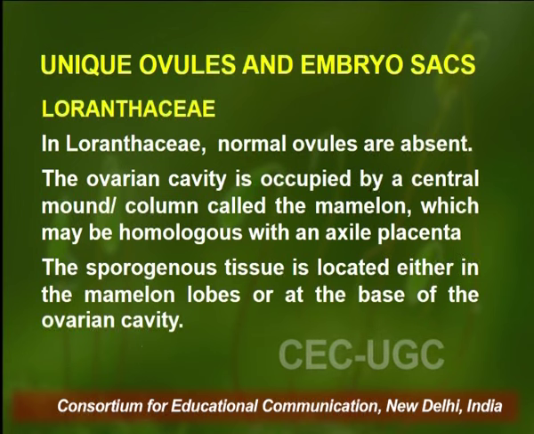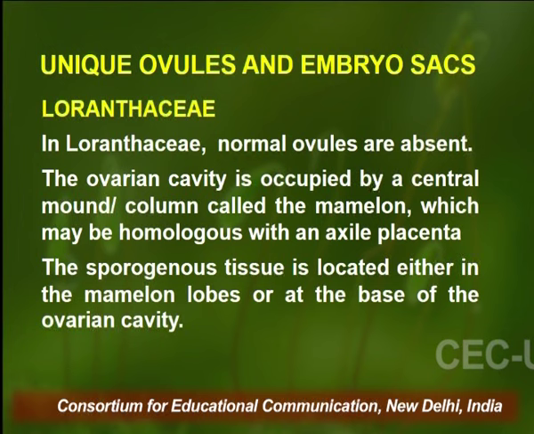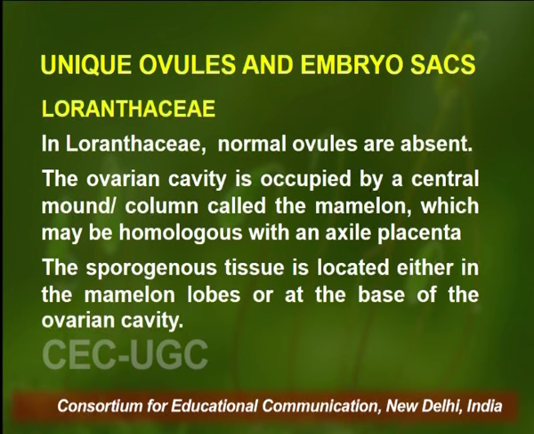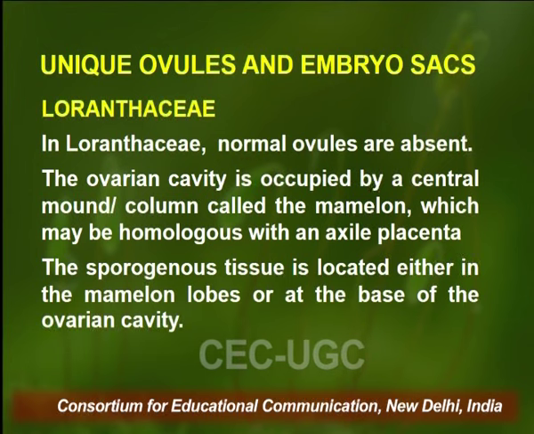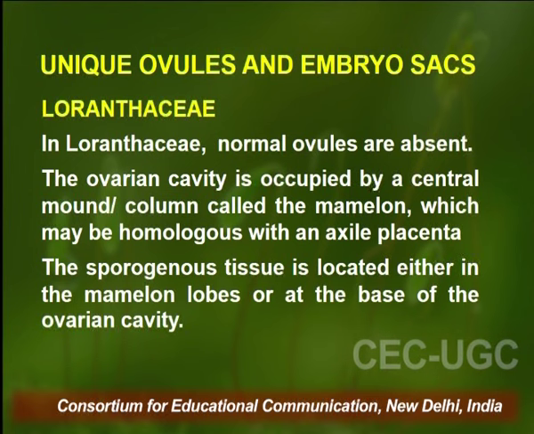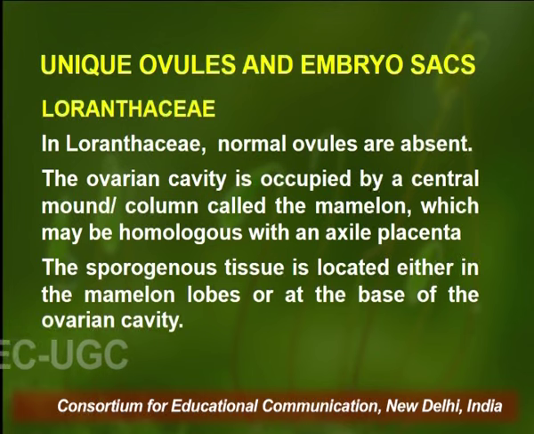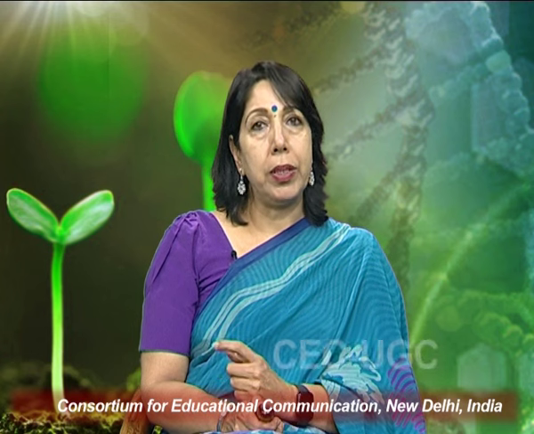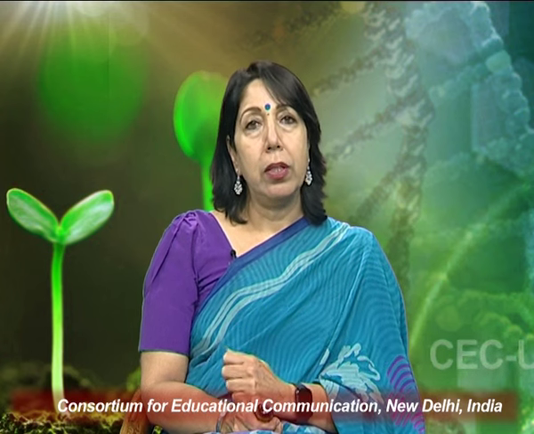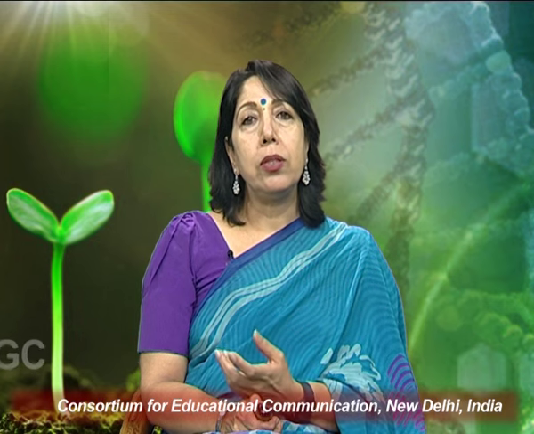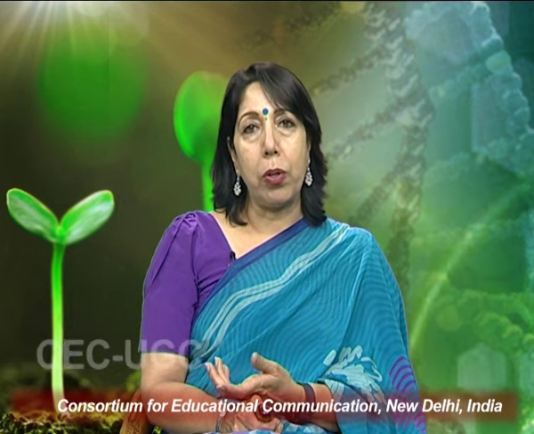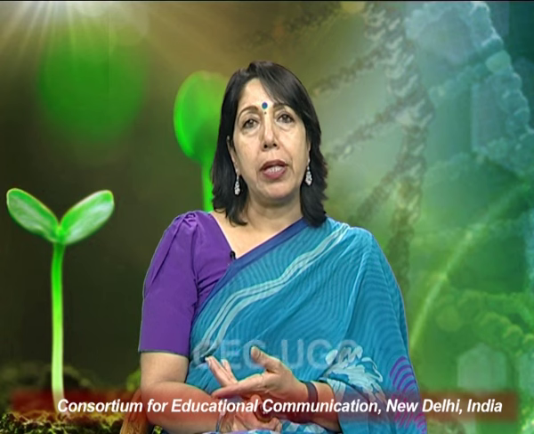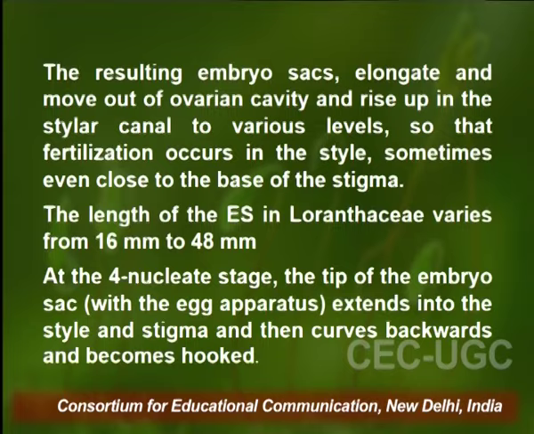Another important family which is worth a mention here is family Loranthaceae. Normal ovules are absent. The ovarian cavity is occupied by a central mound or a column. It is called the mamelon. This mamelon may be homologous with an axile placenta. The sporogenous tissue is located either in the mamelon lobes or at the base of the ovarian cavity.